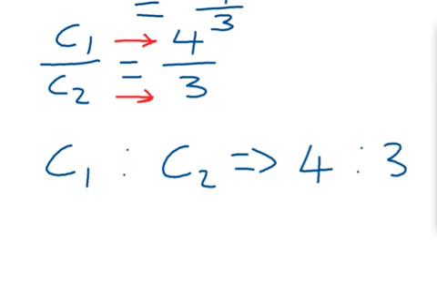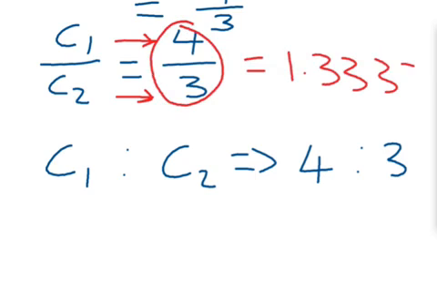So the ratio of C1 to C2, which is the specific heat capacity of object A to that of object B, is actually 4 ratio 3. Now to be sure that what we have done is correct, when you type 4 over 3 in your calculator, it will give you 1.3333 and so on, recurring.